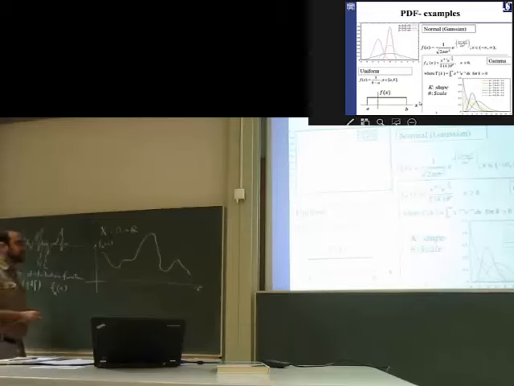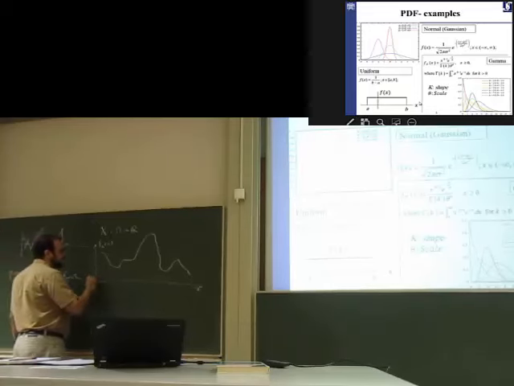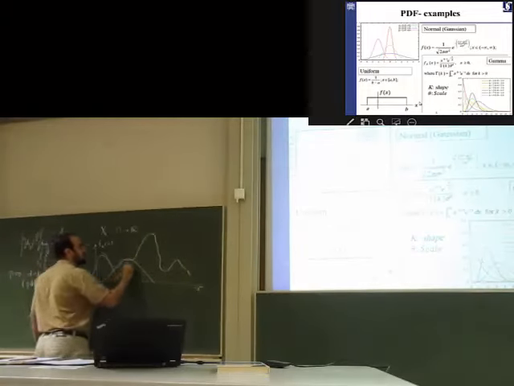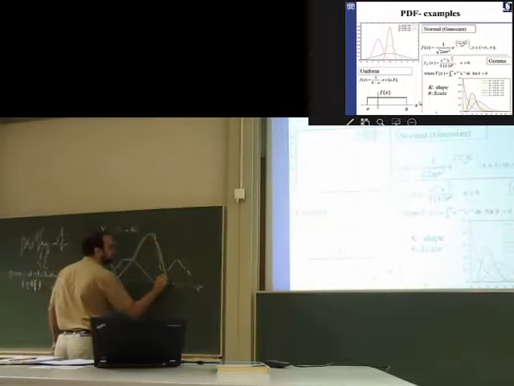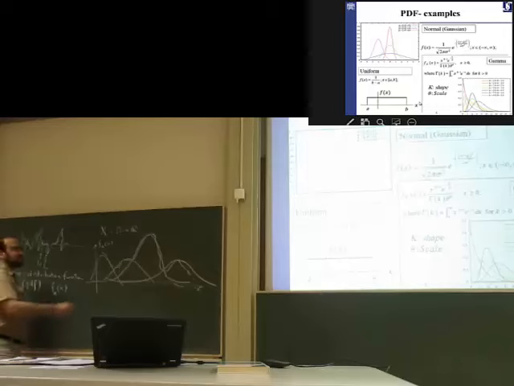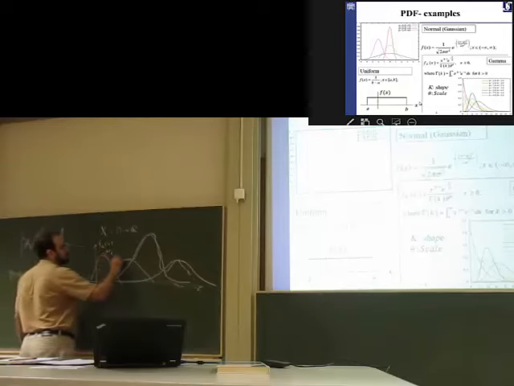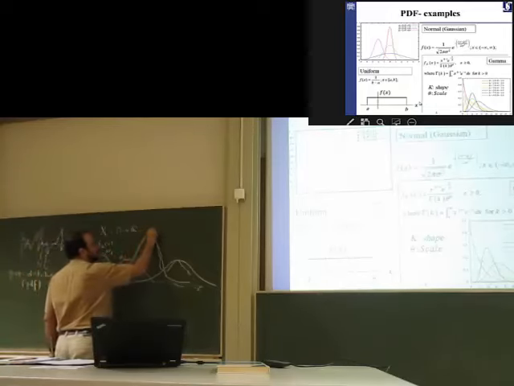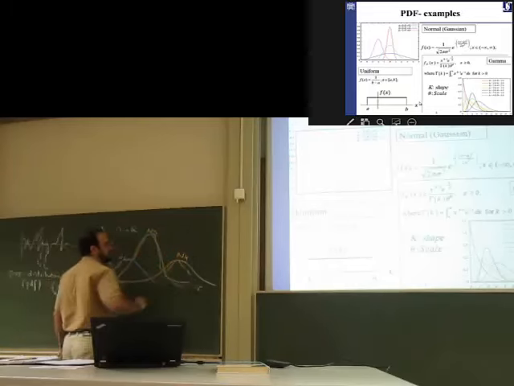And sometimes we say that if we have multiple Gaussians summed up together, for example here, normal 1, normal 2, normal 3, and normal 4.